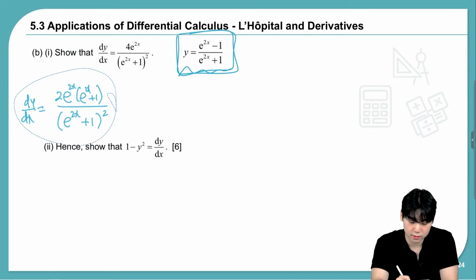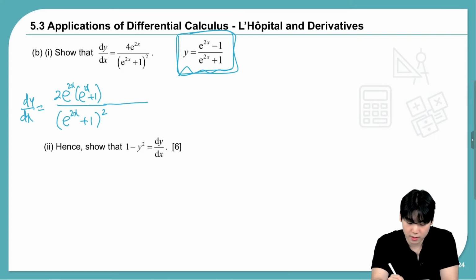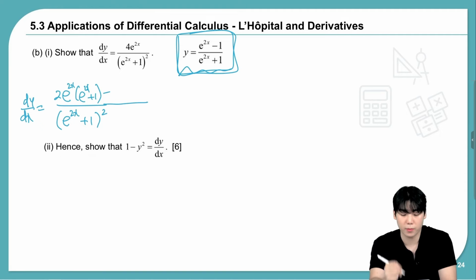And then minus, what do I have to differentiate? The bottom: 2e^2x times (e^2x minus 1). Let's just expand that.